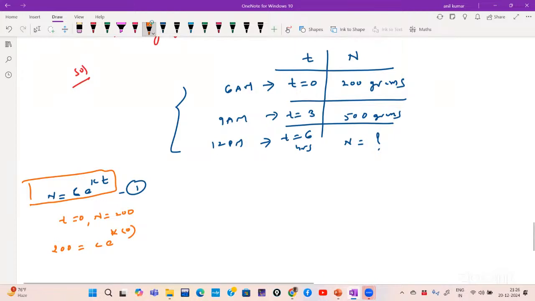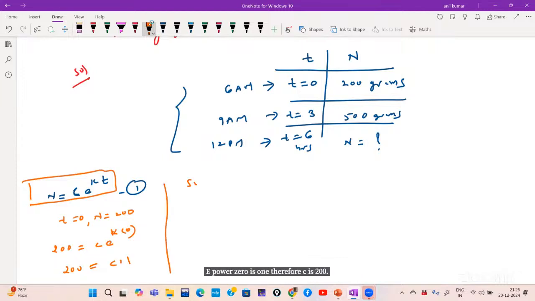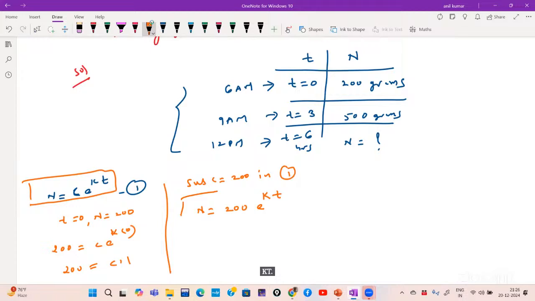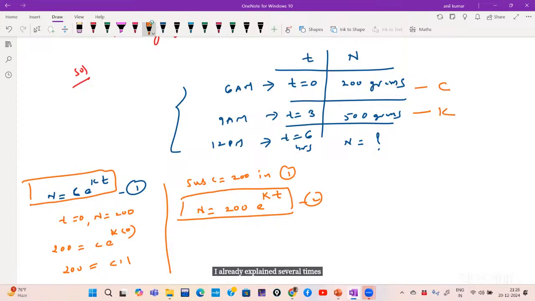E power 0 is 1, therefore C is 200. Substitute C equal to 200 in 1, that gives N equal to 200 into e power kt. I already explained several times. This gives the C value, it gives the K value, and finally we get the answer.